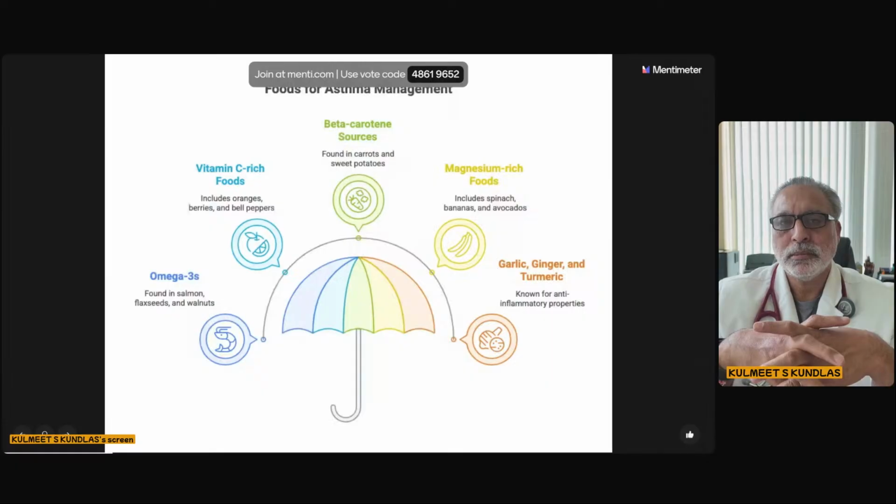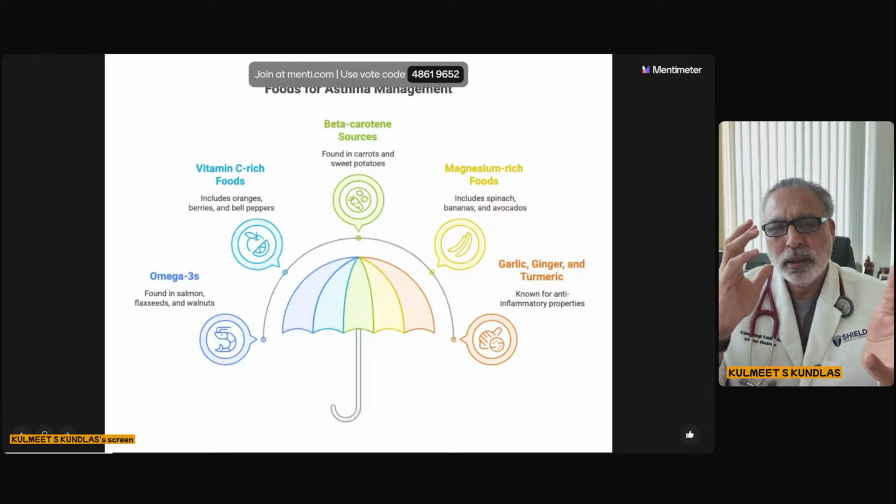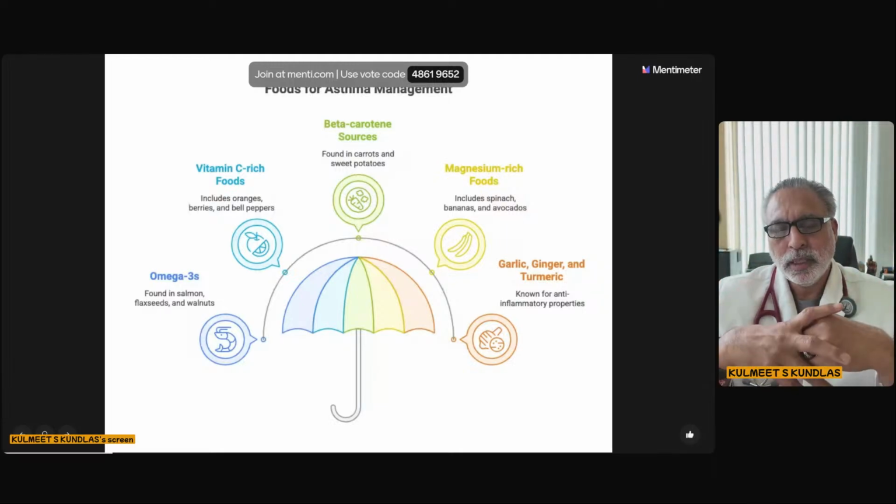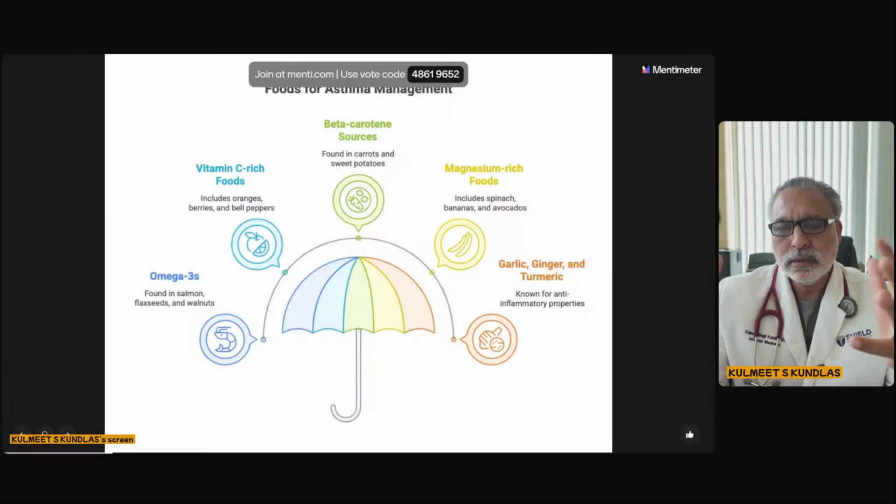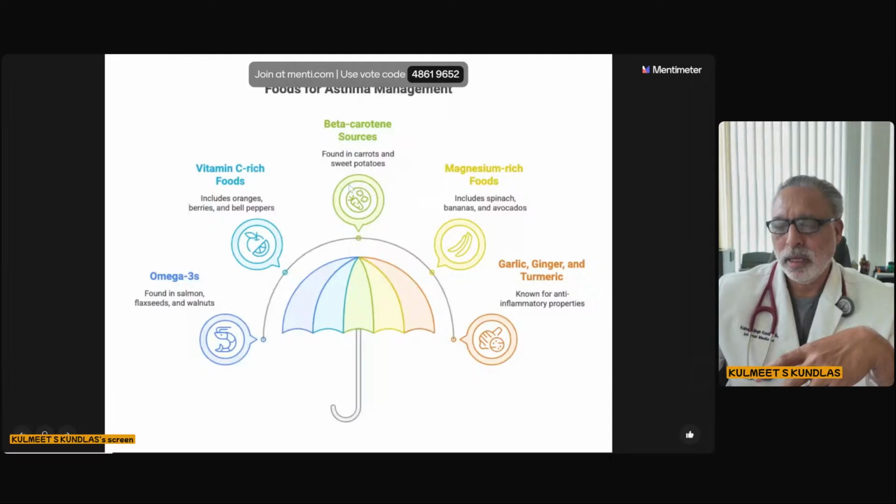If you have asthma, make sure you keep up with it or take the medications. Then the spices and condiments like garlic, ginger, and turmeric have all been shown to be very helpful. Beta carotenes, in carrots, and foods rich in vitamins, minerals, and omega-3 fatty acids will all help you a lot.